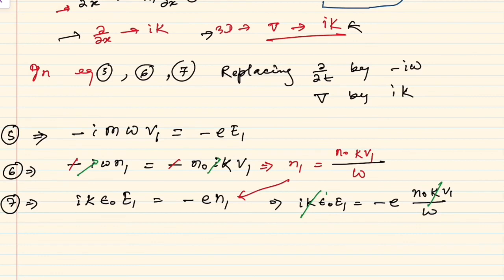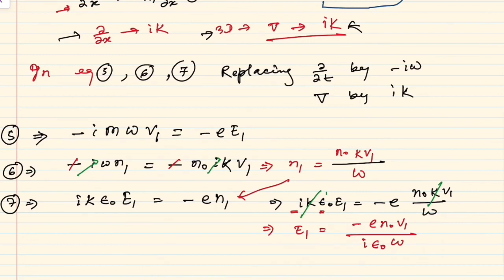So now what we will get from here, we can write that E1 is equal to minus e n0 v1 by i ε0 ω. These two terms are brought here and ω also.